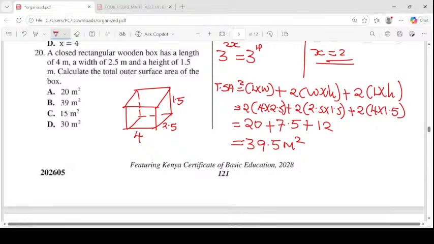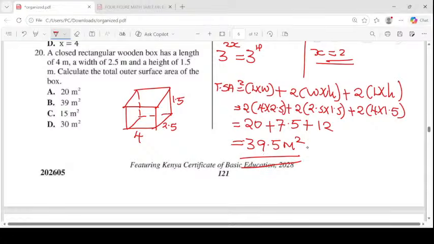But now I'm not getting the total outer surface as part of the choices. Can I have made a mistake somewhere? I think length times width by 2, the formula we've used, is a very correct formula. So this should be the correct answer, dear learners.